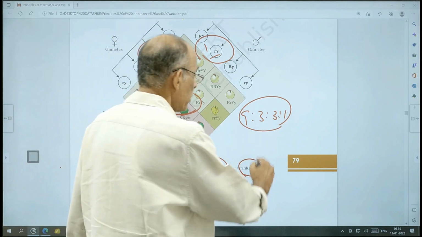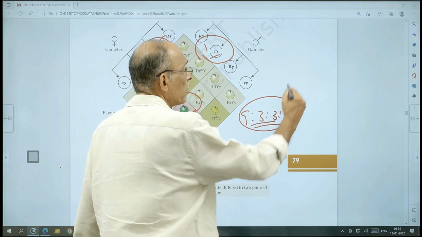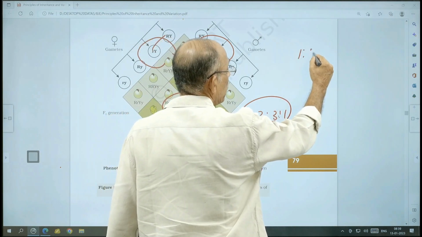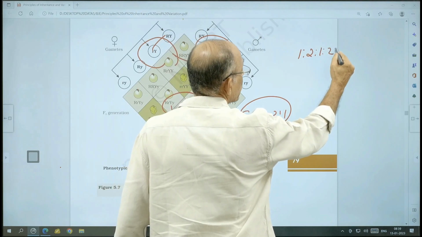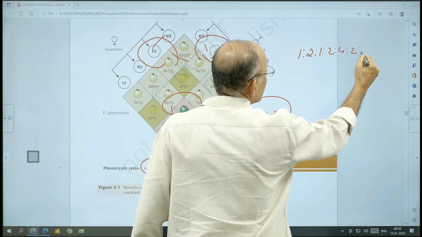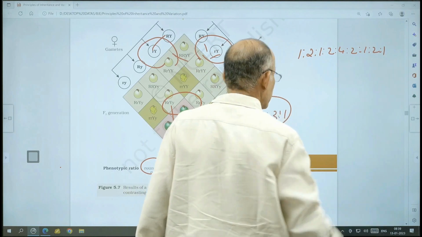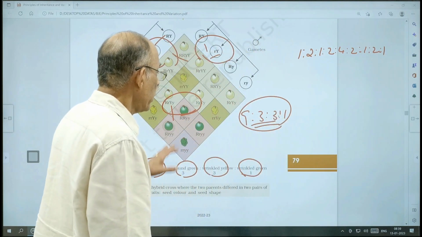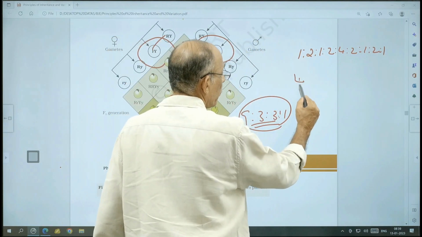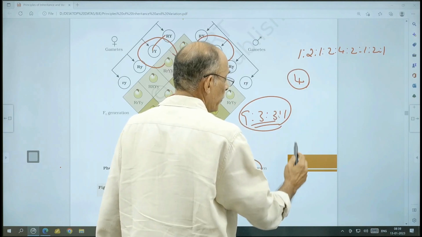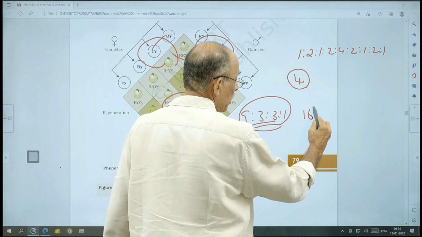And this is the phenotypic ratio, and the genotypic ratio is a very big ratio, 1:2:1:2:4:2:1:2:1. In the monohybrid cross we got 4 individuals, 3:1, whereas here we get 16 individuals.